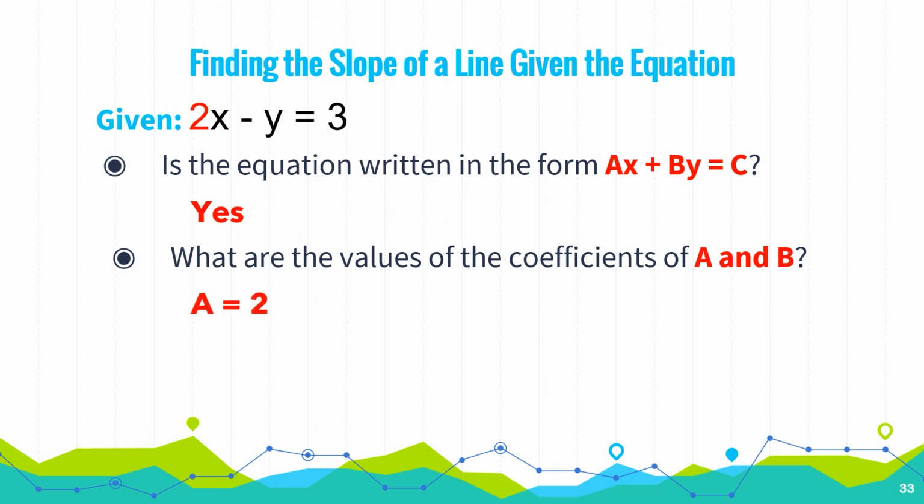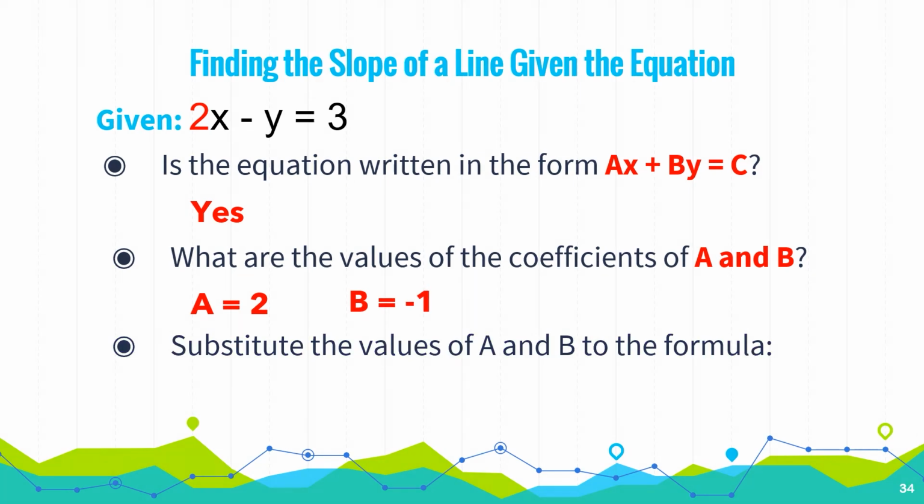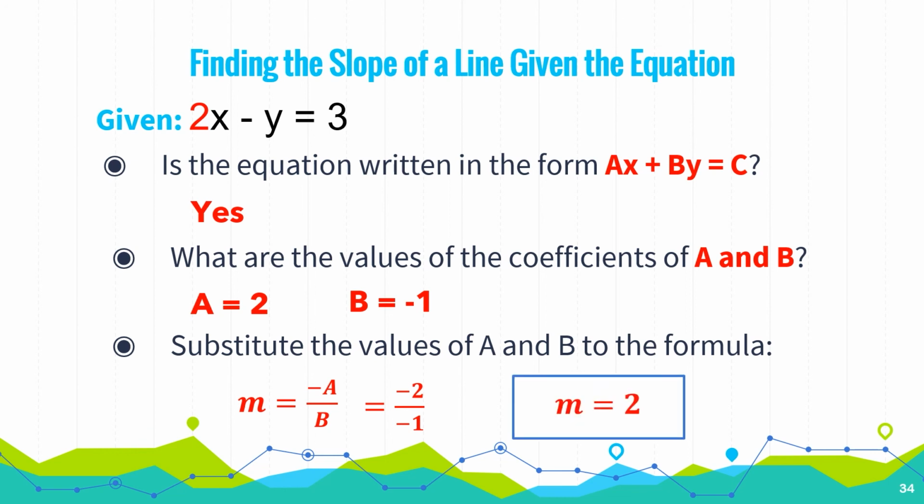The value of a is 2 and the value of b is negative 1. Substitute the values of a and b to the formula m is equal to negative a over b. a is 2 and b is negative 1. So we have negative 2 divided by negative 1. The answer is positive 2.